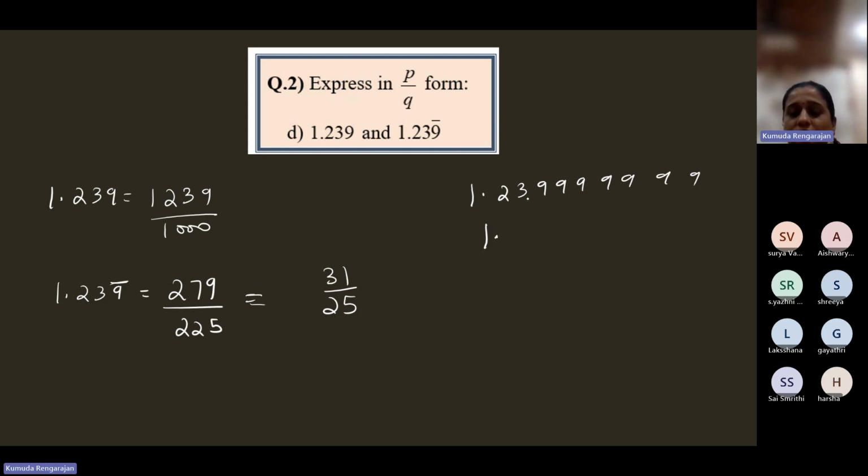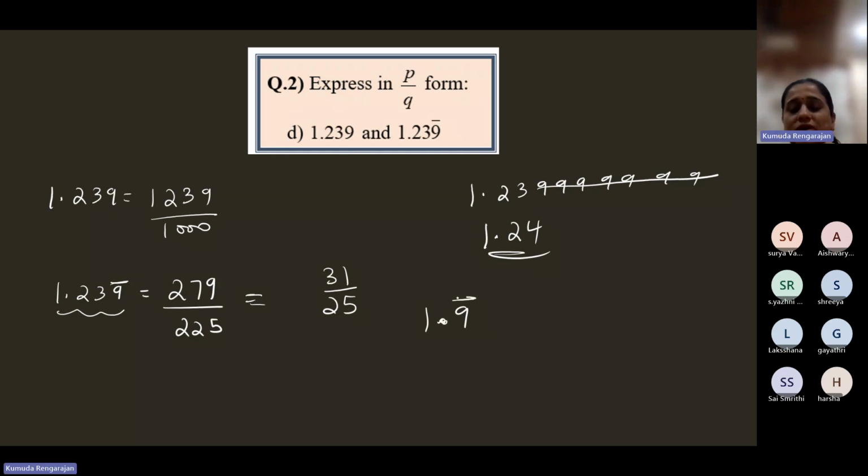When you round it off, what do you get? 1.239 recurring. When you remove the nines, it will be rounded to 1.24, right? So the P by Q form of this decimal number will be equal to this value 1.24, always.